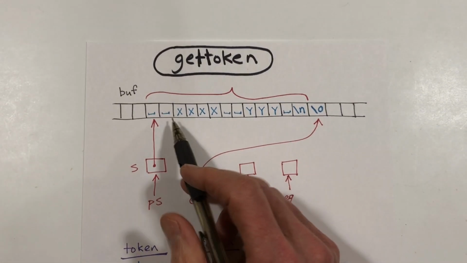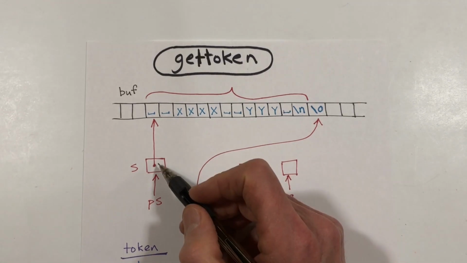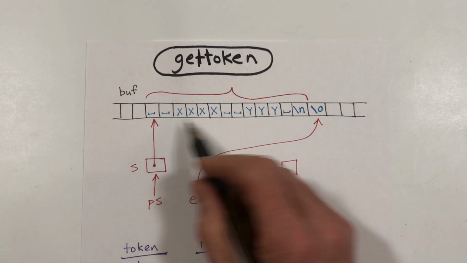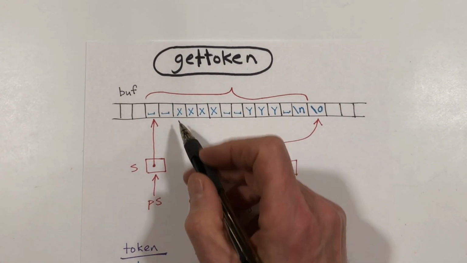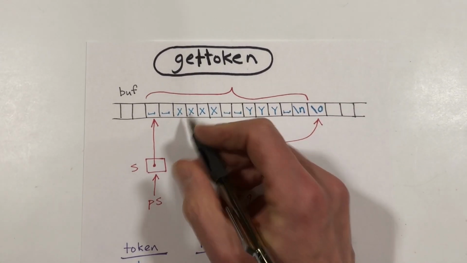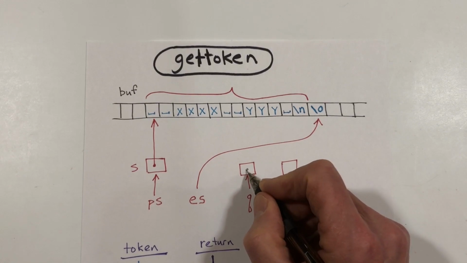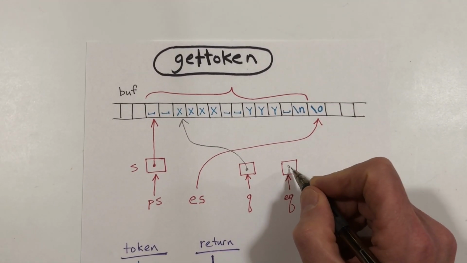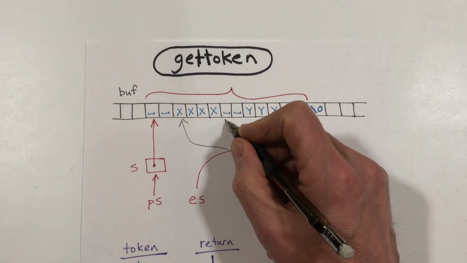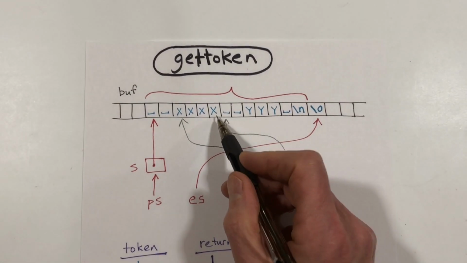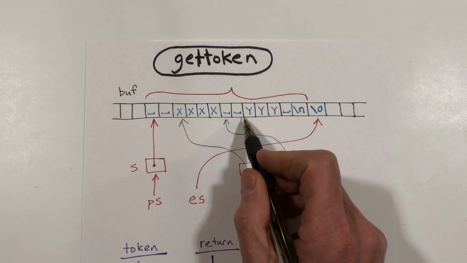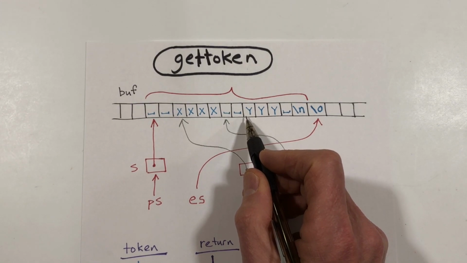So here we're going to scan this input and find the first token. Here's some white space, and presumably the token starts here. So we will set Q to point to where the token begins, and we will set EQ to point to the byte after the token. As a result of calling GetToken, we'll update S to point to where we want to start the next scan.